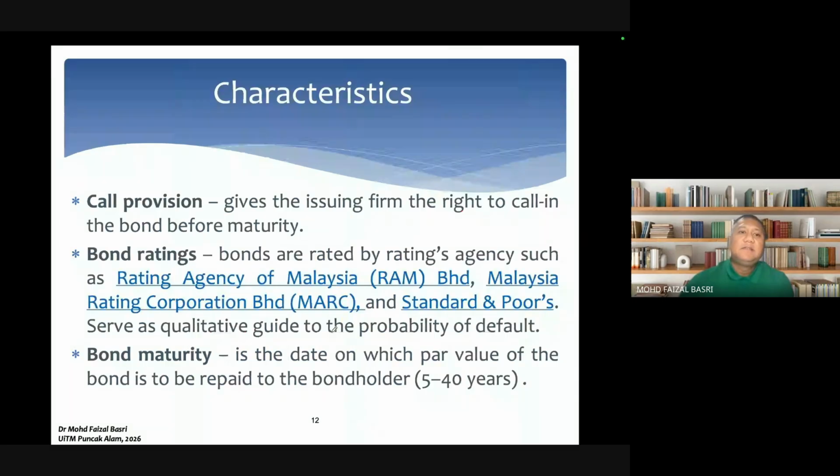Okay, so selain daripada itu adalah lagi additional characteristics including the rights untuk call. Okay, call ni bahasa mudah dia early settlement lah. So imagine if the bond issued for 10 years sepatutnya.